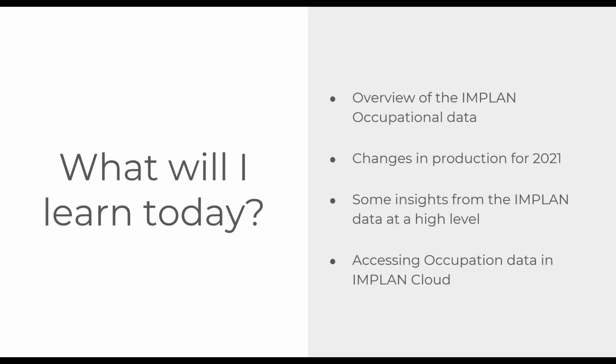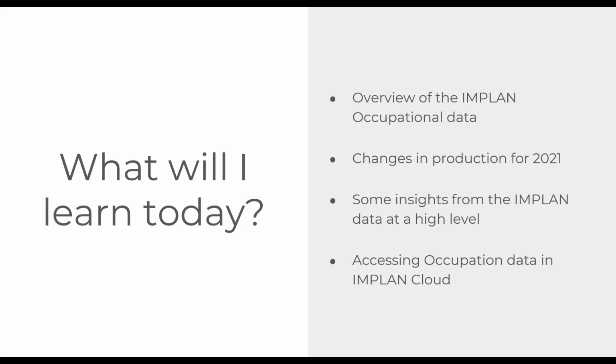So to describe kind of just a brief overview, the contents of this webinar. First, we're going to go over what the occupational data is and get some important refreshers, just good things to keep in mind as we go through the content. We will then review a couple of changes that took place in the 2021 data production cycle and what those mean for you all as IMPLAN customers, and then go over some insights from the new data at kind of a high level.